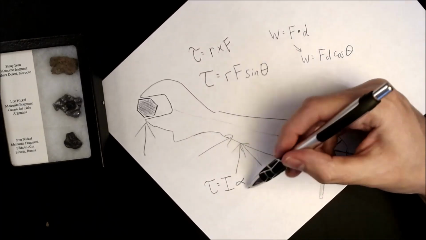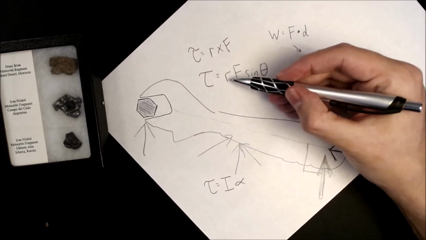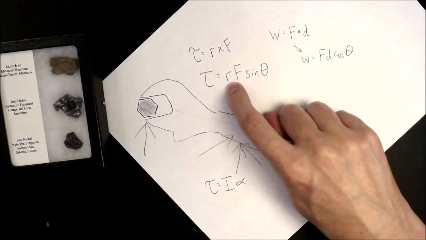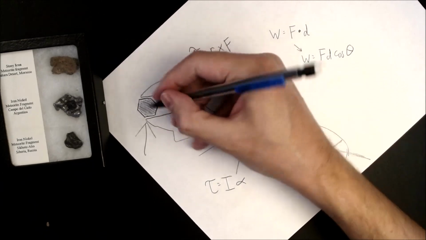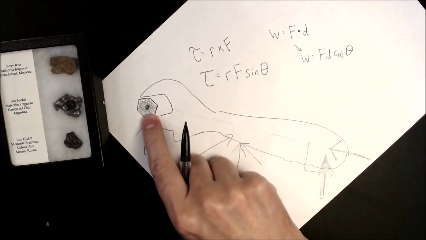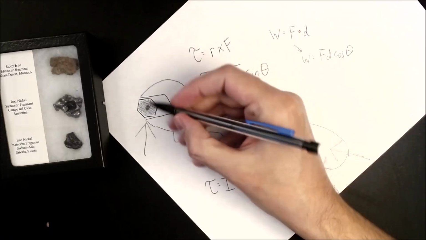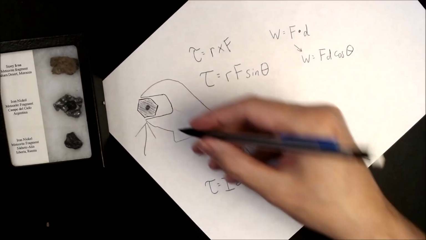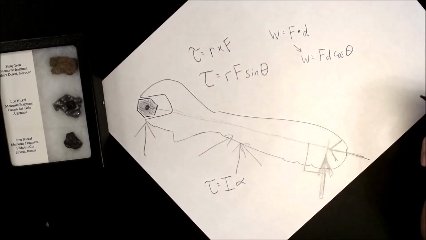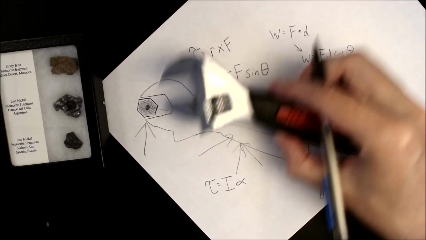If you want to accelerate something's rotation, do you want to push at it very close to the center of rotation? R is a measure of the distance to the center of rotation. Here is the center of rotation. So do we want to be pushing at the center of rotation? Probably not. We want to be pushing as far from the center of rotation as we possibly can and still get a grip on this.